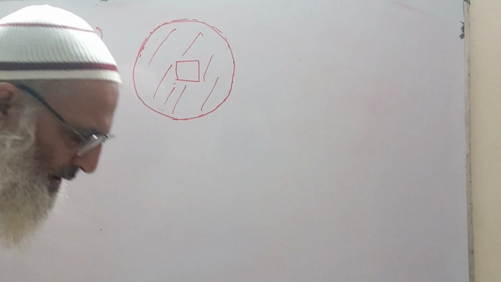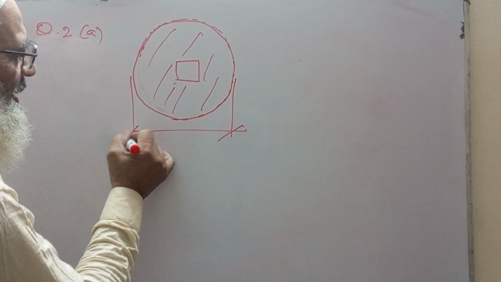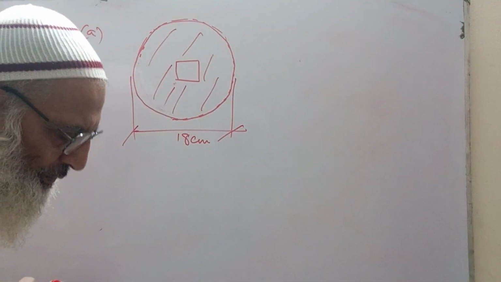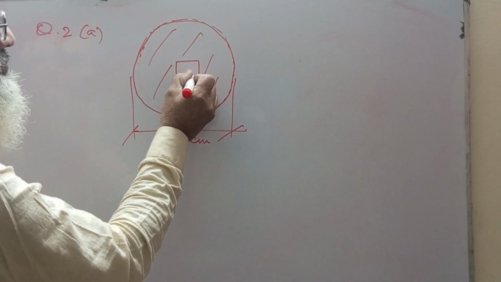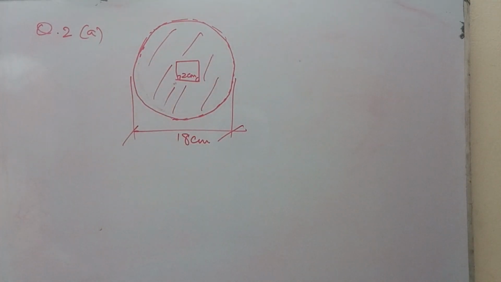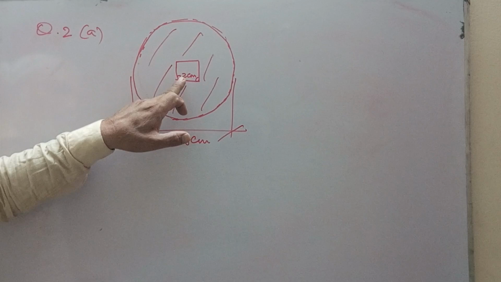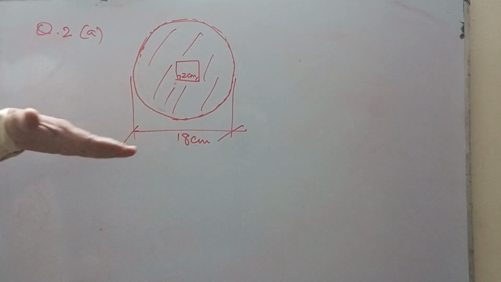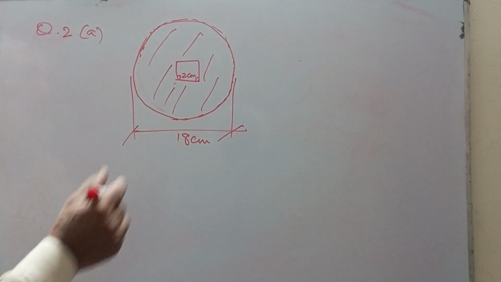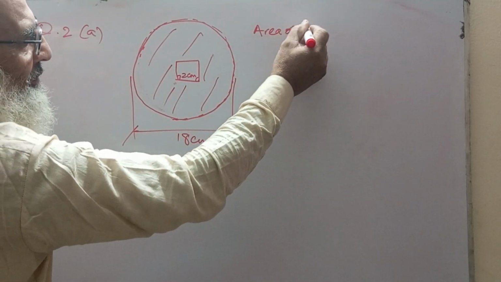Now the diameter is given as 18 centimeters, and the side of the square is 2 cm, and some marks are also given just to note that this is a square. Okay, now it means that the unshaded region is a square. Now I'll find the area of the square first.